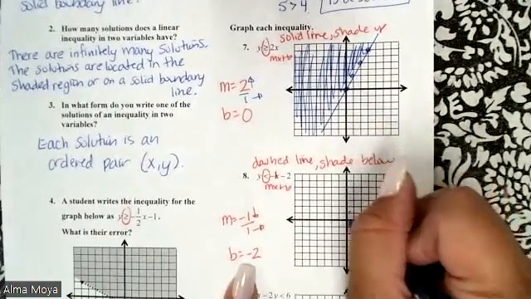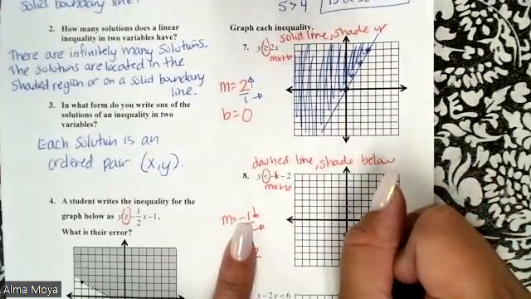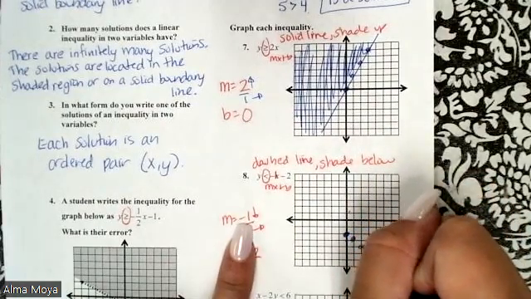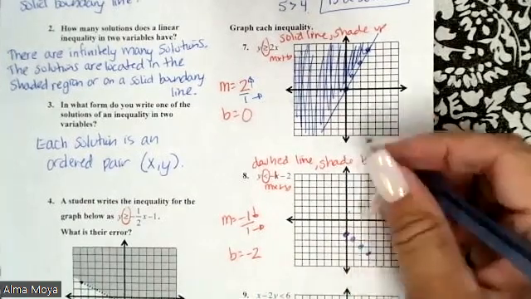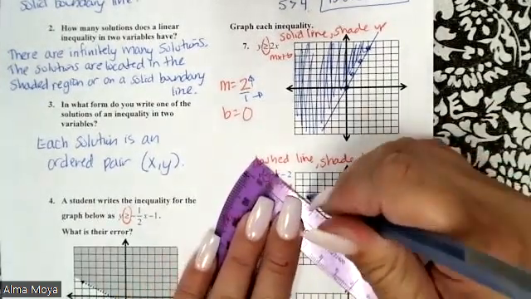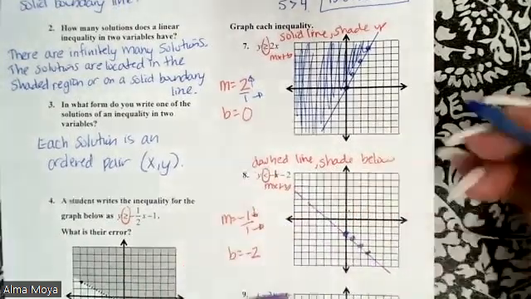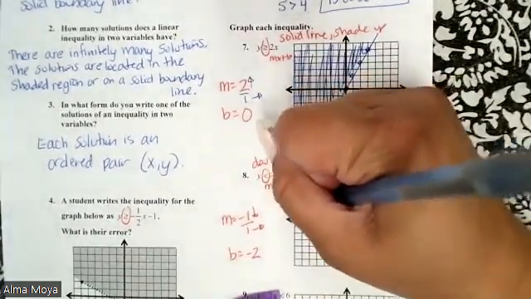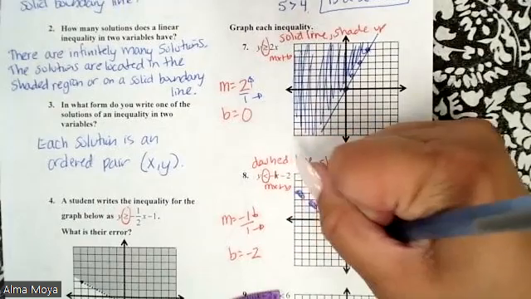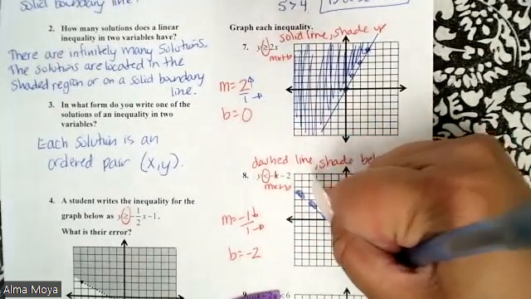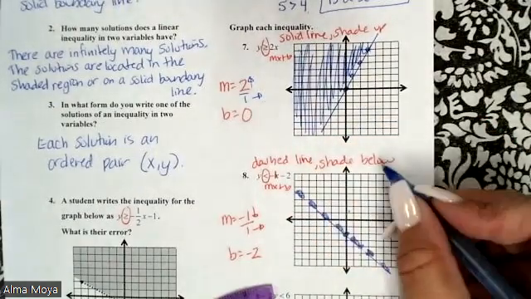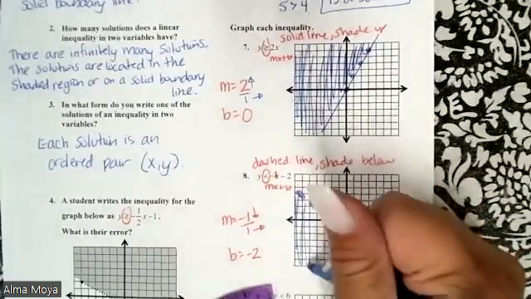So my y-intercept is at negative 2, and then it's going to go down 1 over 1, down 1 over 1. I'm going to connect it with a dashed line. Uh-oh, it doesn't look dashed, but it is dashed. Trying to exaggerate the dashed. And then I need to shade below the line.